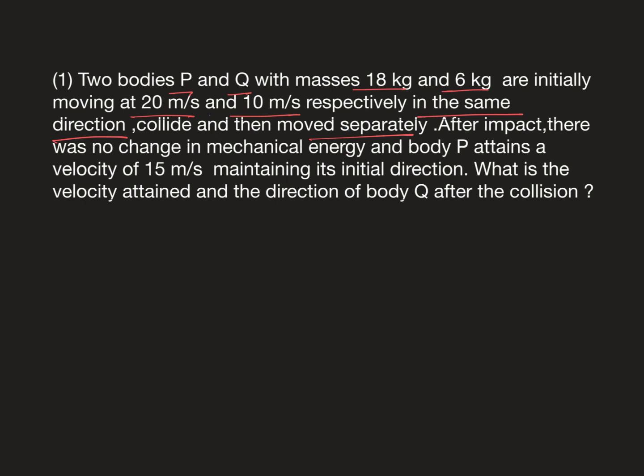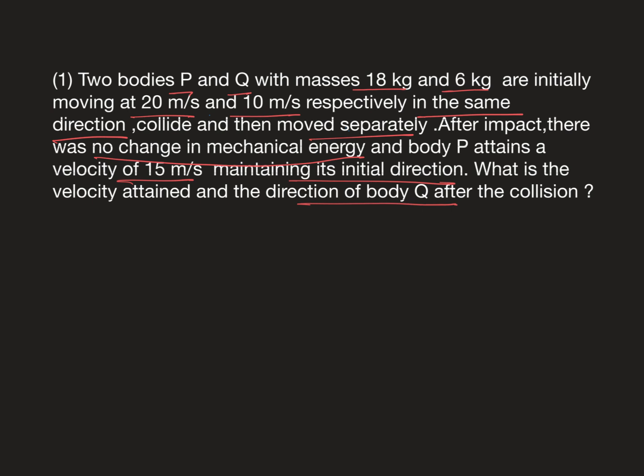After impact, there was no change in mechanical energy, and body P attains a velocity of 15 meters per second, maintaining its initial direction. What is the velocity attained and the direction of body Q after collision?